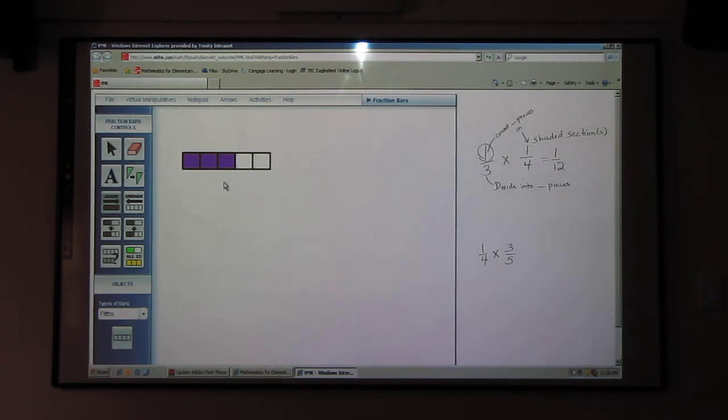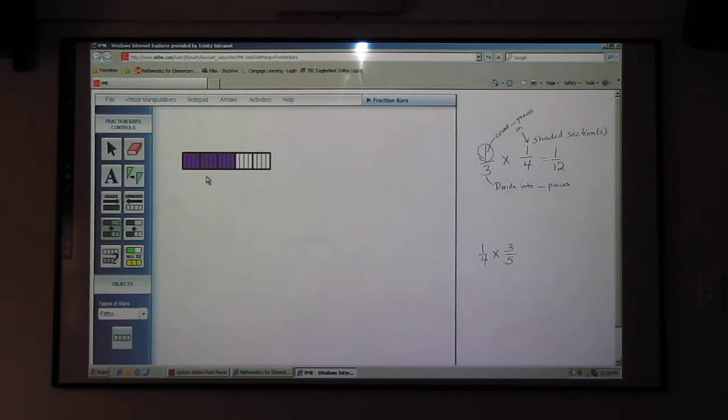All right, so I have now a representation of that second fraction, 3/5. Now I'm going to look at my first fraction, and it's going to tell me that I have to divide each of those sections into 4, based on the bottom number of this first fraction. This 4 here tells me how many times I'm going to divide it. Right, so I'm going to divide, and I now have 1, 2, 3.